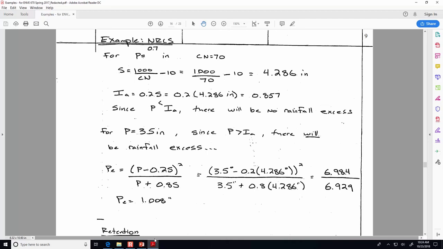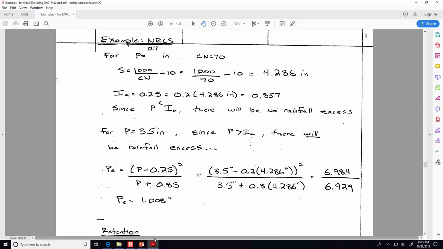Okay, the smaller storm, where it's 0.7 inches, it doesn't accomplish the initial abstractions, as the book would put it. If we look at the potential maximum storage based on the land use and soil type that's kind of all rolled up into the curve number, it tells us that the watershed has the potential to hold on to 4.286 inches. Now, that's over a long period of time, by the way.